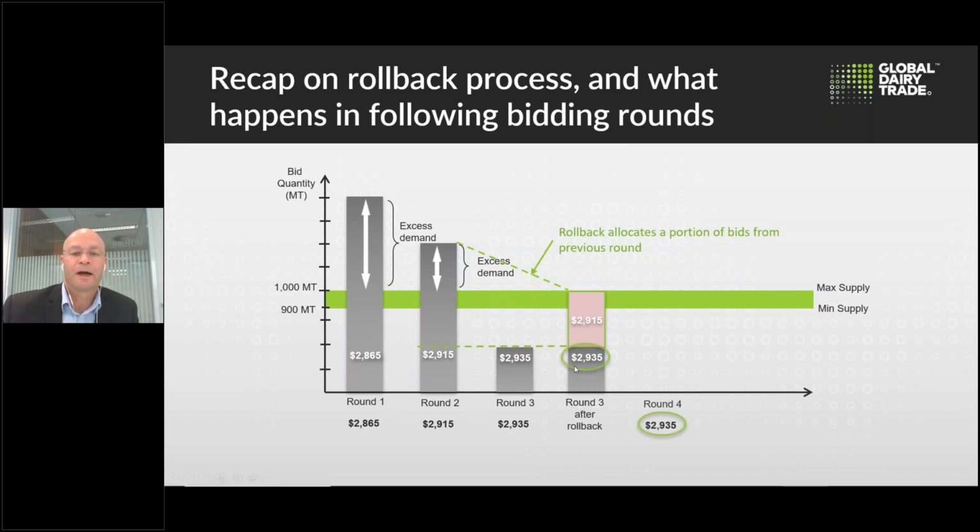Well, the next round opens at the higher announced price, the same price that was in operation in the previous round, 29.35, and bids come in that round.